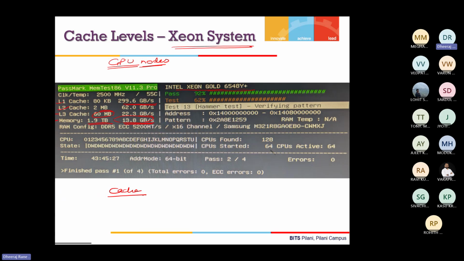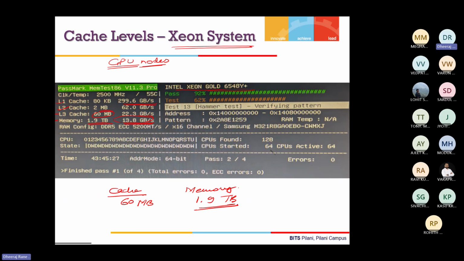We will see what happens with L1 and L2. So even in this comparison, it is 60 MB, and the main memory in this particular configuration is 1.9 TB. So it's huge, right?